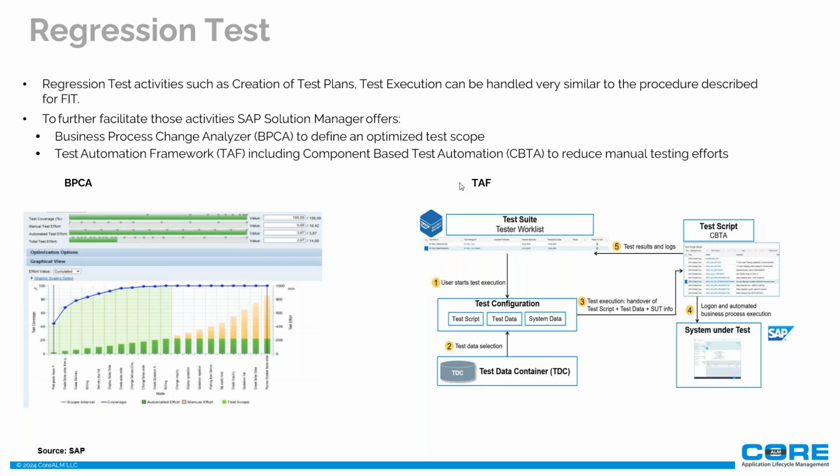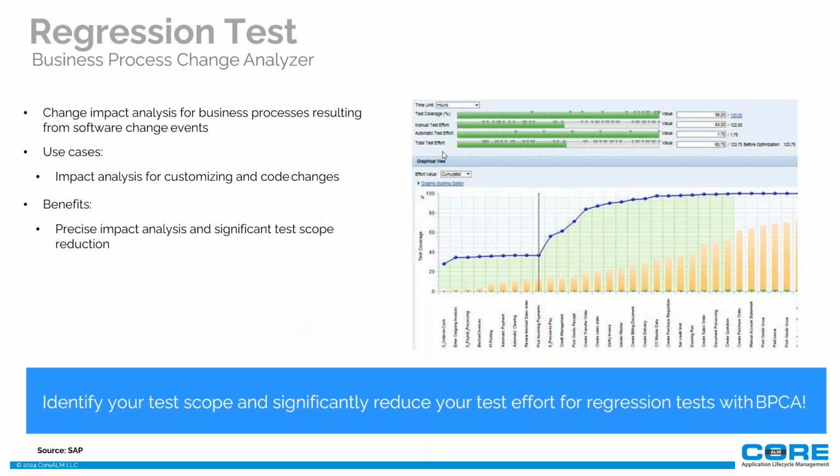We have to run regression testing to make sure that the features that we already deployed in production will not get impacted by the new changes that we're introducing now. Now, when we go back to the regression testing and BPCA, BPCA stands for Business Process Change Analyzer, and this will define how the new changes will impact the existing items in the system, so we don't over-test or under-test.